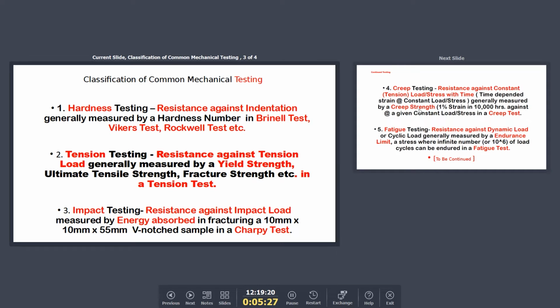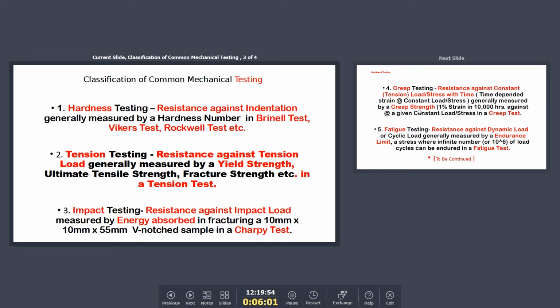If we use our own fingernail to indent a wood surface, you will see probably a scratch can be found. But if we do the same operation on a piece of stone, we will see this is not happening. So our conclusion becomes that wood is soft, stone is hard.